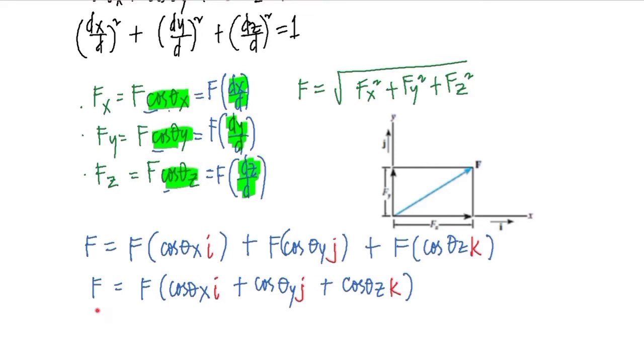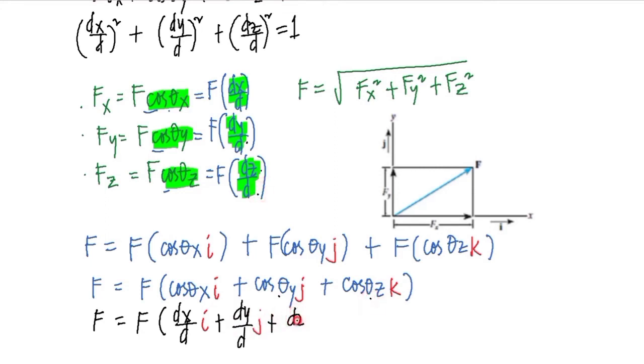So using the slope, this can be expressed as f for the cosine theta x, that is dx over d, multiplied by the unit vector i, plus for the cosine theta y, that's dy over d, multiplied by the unit vector j, plus the cosine theta z, that is dz over d.